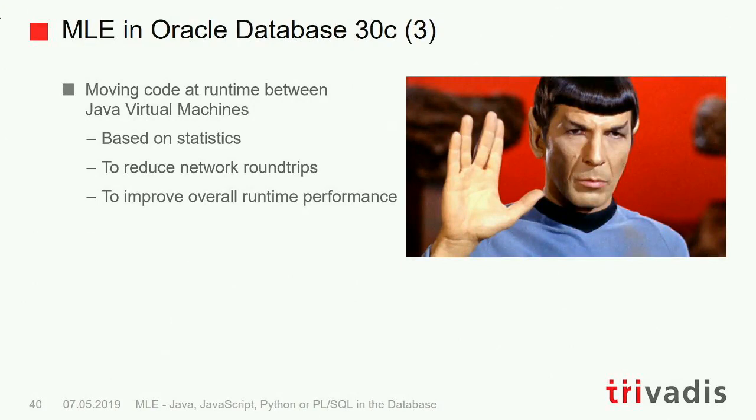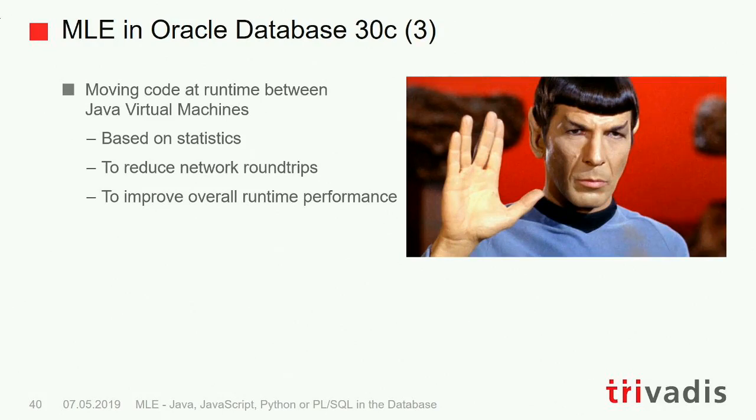I think we get the ability that the Graal JVMs will be able to talk with each other. So we have one GraalVM here, this is the database GraalVM, and we have one here, this is the outside GraalVM. They are running on the Truffle framework and say, hey, I see we are shipping all this stuff over the network.